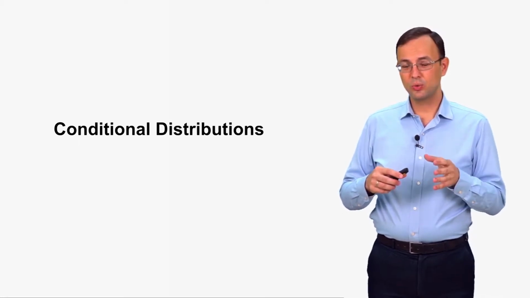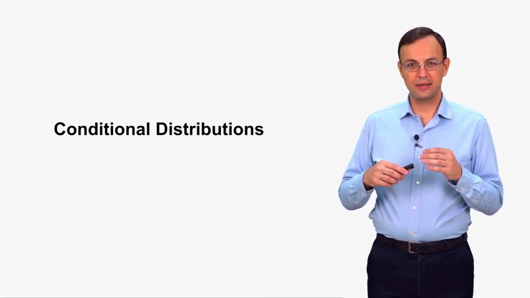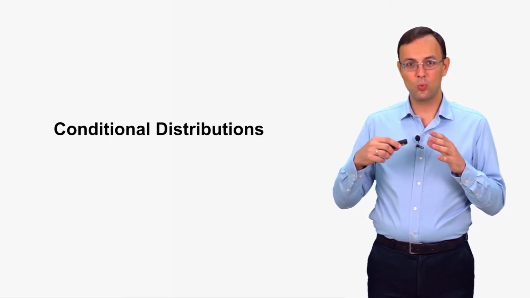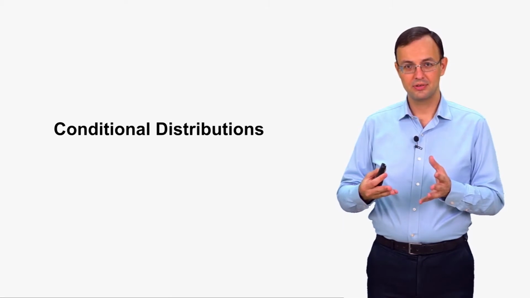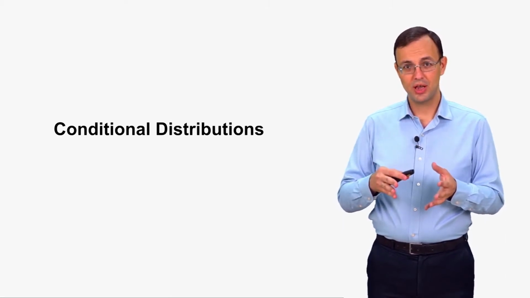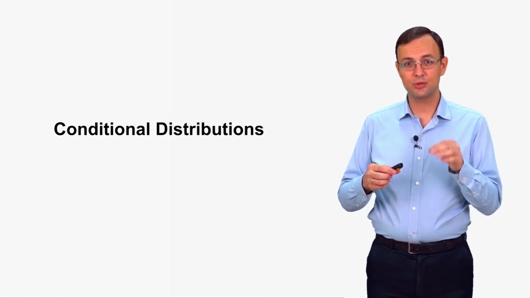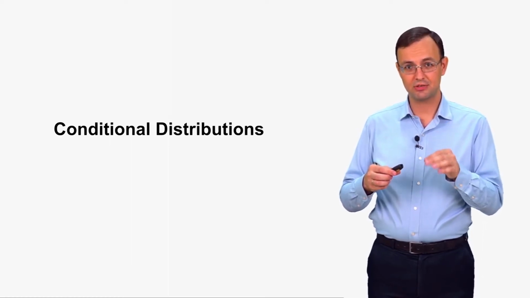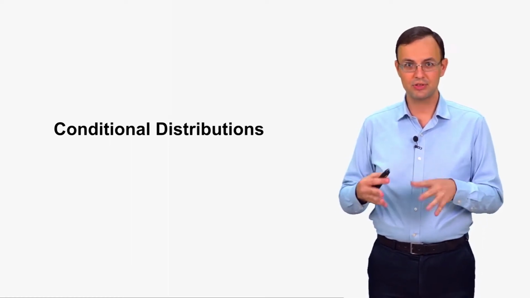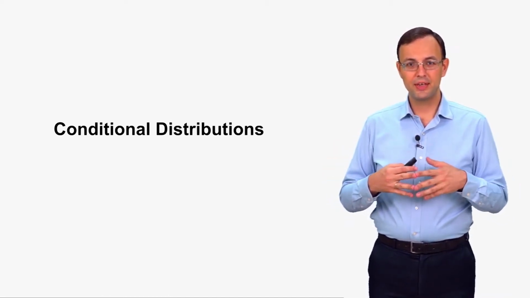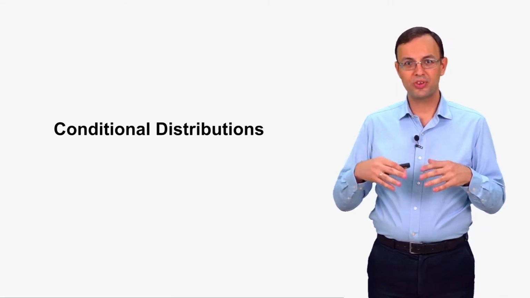And so we can say that the distribution of the weight of a random person is one distribution, and the distribution of the weight of a random person that is 177 centimeters tall is another distribution, different from the distribution of the weight of a person with unknown height.